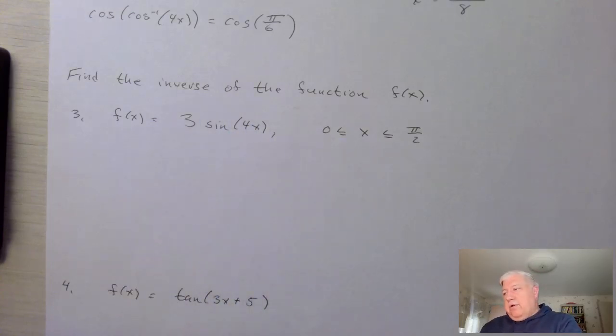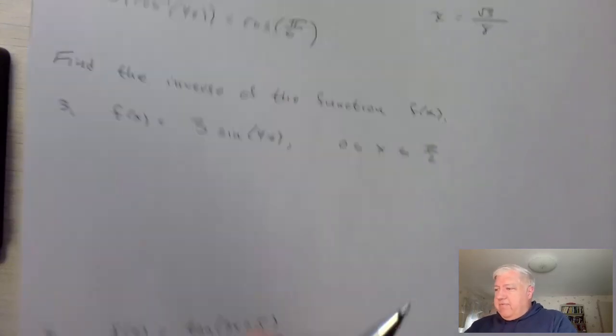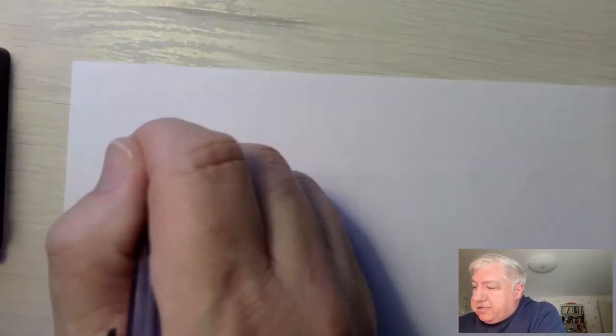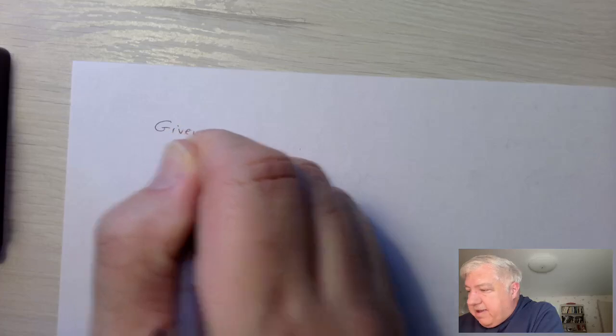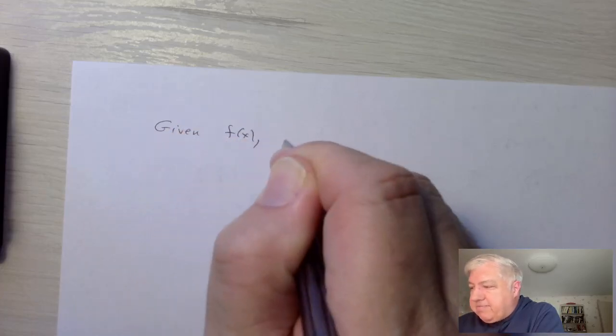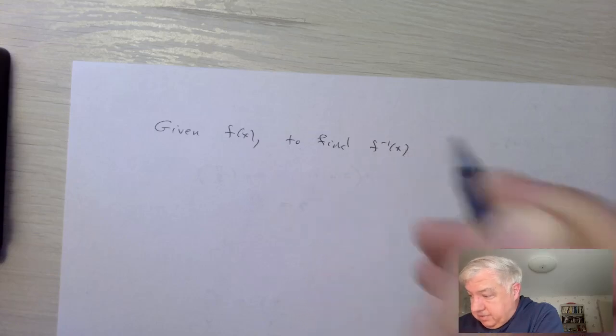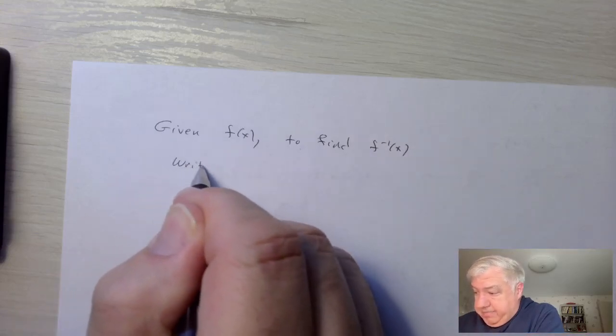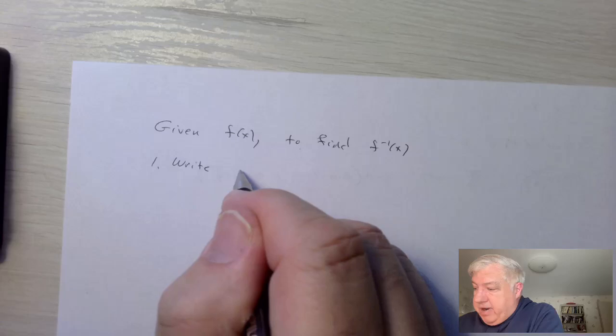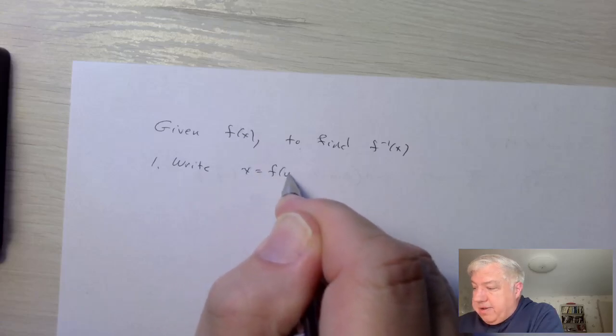If you recall the basic strategy, given a function f of x, if you wanted to find f inverse of x, the first thing we do is write x equals f of y.